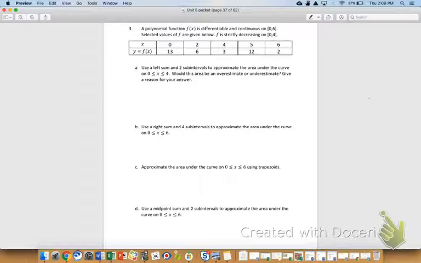So that means 34. Does that help? 2 times 6, 12. 4 times 2. Did you get 14 increasing and you use the left sum? 3 times 2.